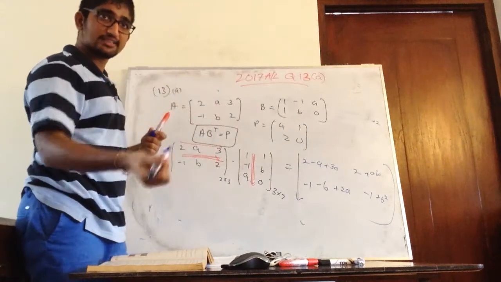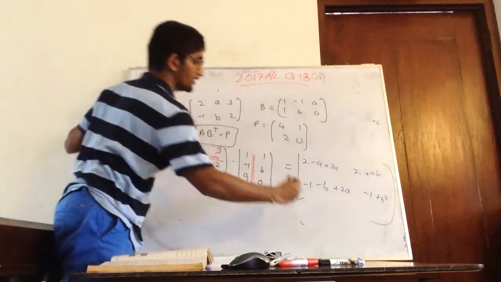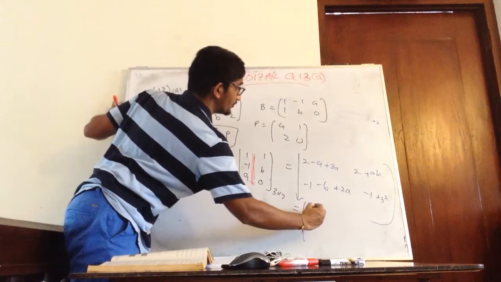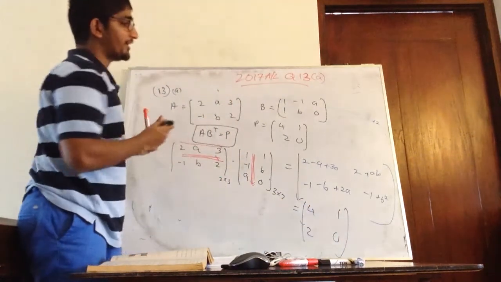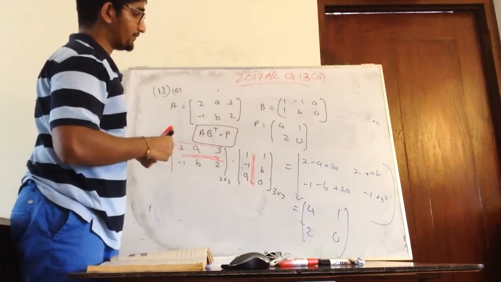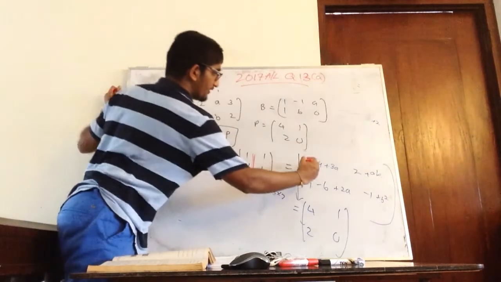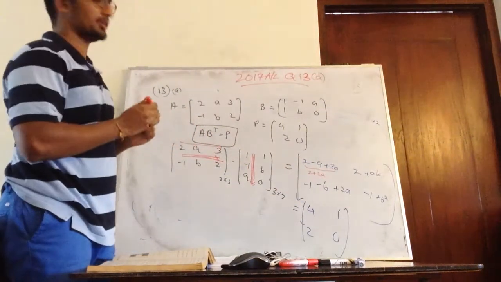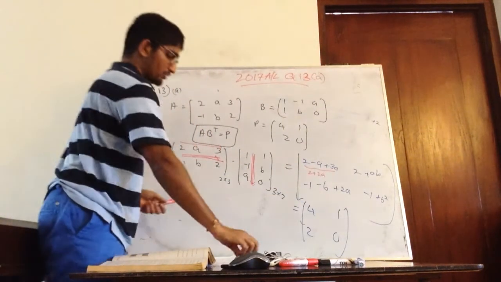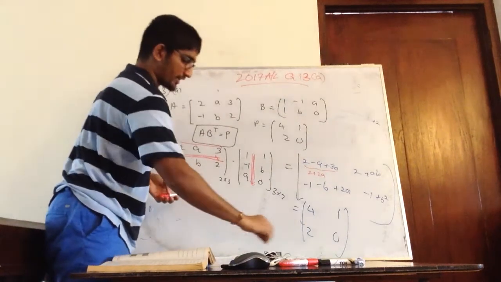Then what? So this is equal to what? This is equal to P, which is [4, 1; 2, 0]. Right? So here we can write this as what? 2 plus 2A. Right? So I'll write the answer here.